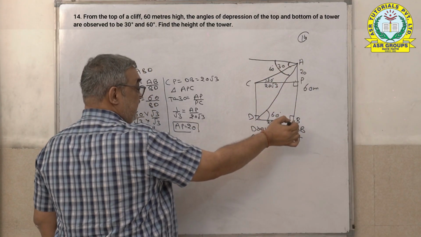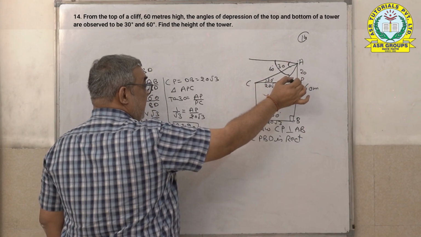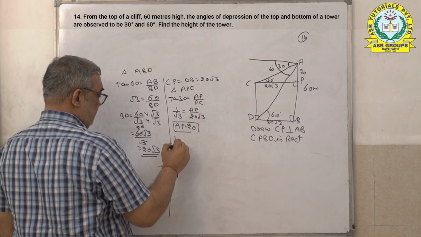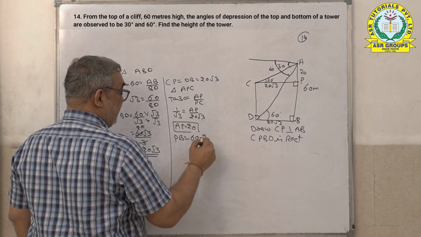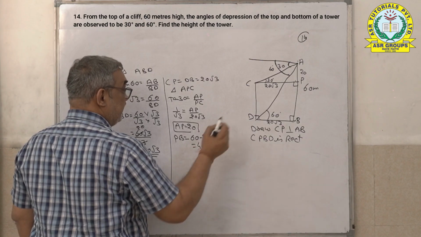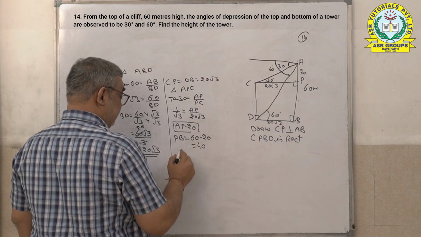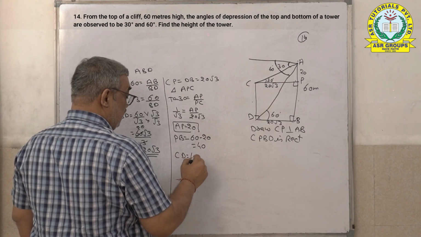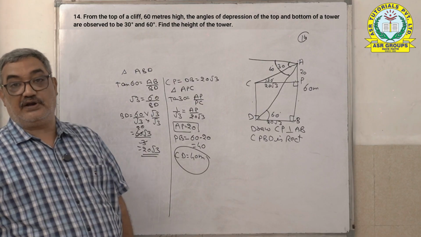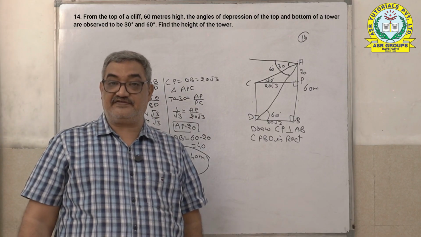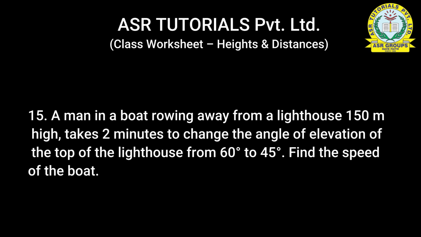So from AB I'll minus AP, I'll get PB. So PB equal to 60 minus 20, that is 40. PB and CD are the same. So CD equal to 40 meter, that is the height of the tower. Correct? Thanks.